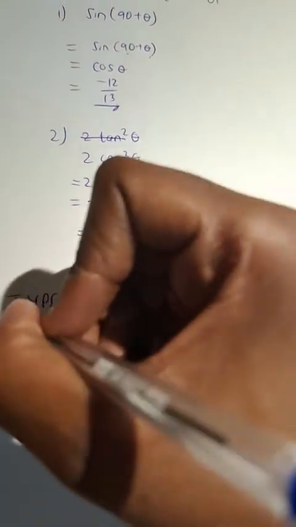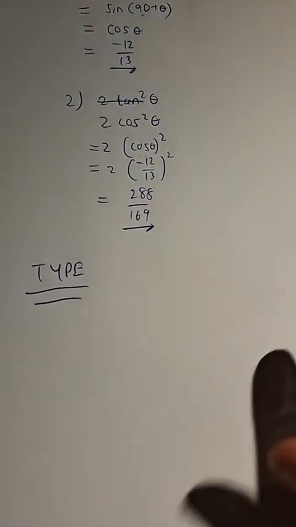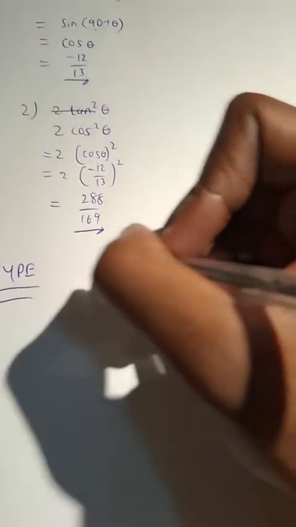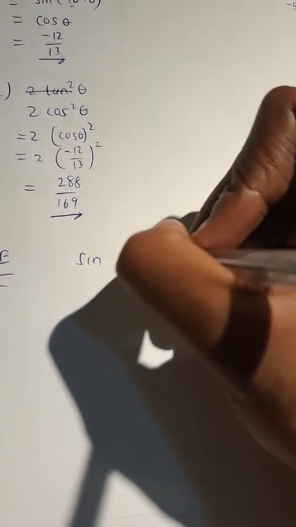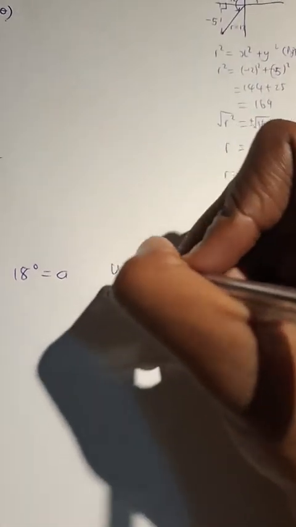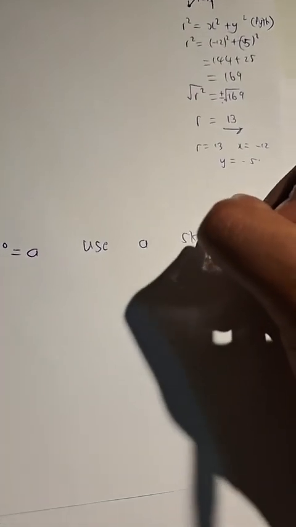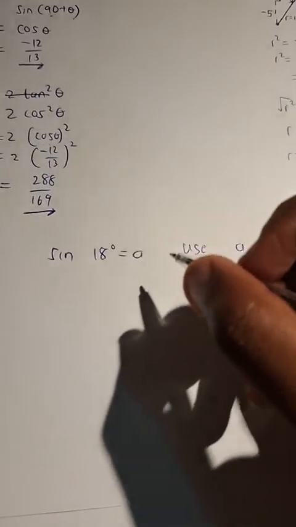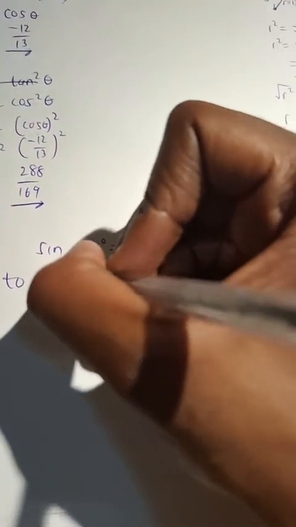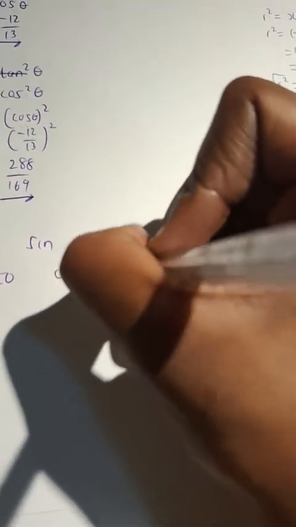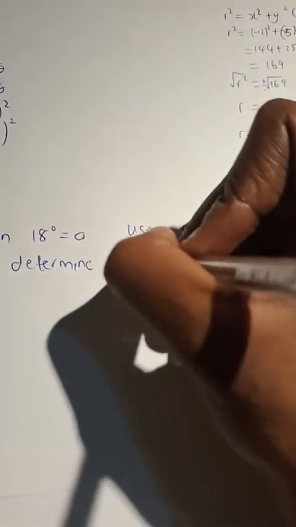Another type of Pythagoras type is this one. Sine 18 degrees is equal to a. Use a sketch to determine each of the following.